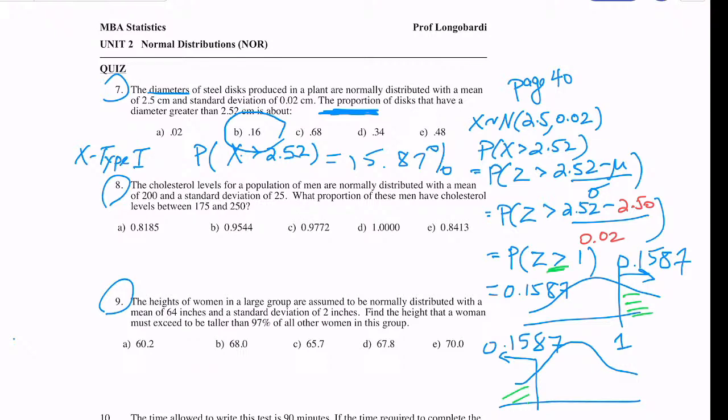So what's another way to get this answer, to solve this? You need to standardize to get to the Z table because that's all you have. Well, you could have used Excel.